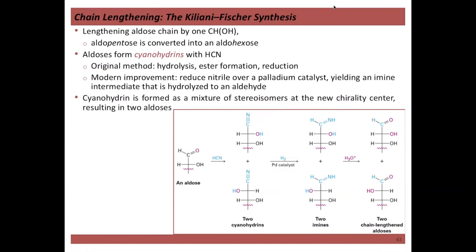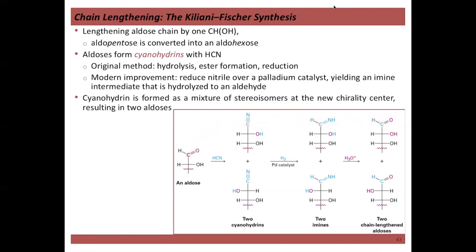And so, interesting now, what we've got is two imines. And again, what we've learned back in the aldehyde and ketone chapter is if you mix an imine with water, it hydrolyzes into a carbonyl. So look at this amazing transformation. What we've done is we've added an extra carbon as a nitrile. That carbon we've turned into an imine, and then that imine we've turned into an aldehyde. We've actually extended the carbon chain of the sugar by one.